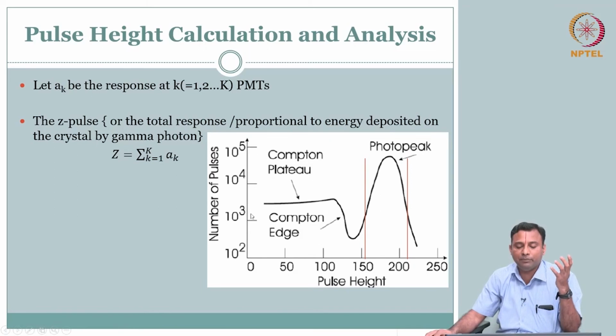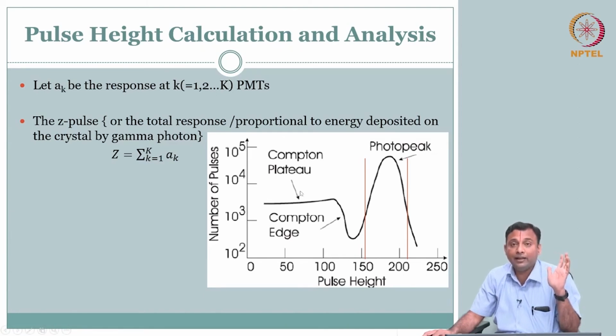So basically the Z pulse height is related to the energy, and you will see a strong plateau. No matter what, you have Compton scattering, which is there throughout, but we can recognize it from the plateau.